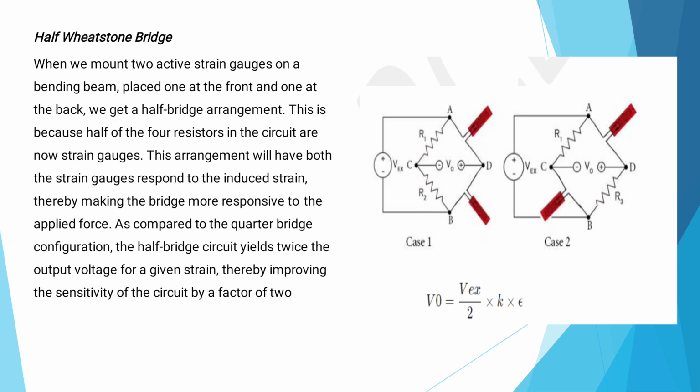Both gauges respond simultaneously to the induced mechanical strain, making the bridge more responsive to the applied force. Compared to the quarter bridge, this half bridge circuit yields exactly twice the output voltage for the same amount of strain, successfully doubling our measurement sensitivity.